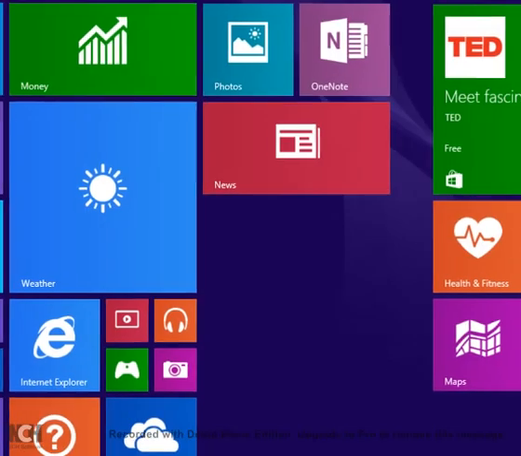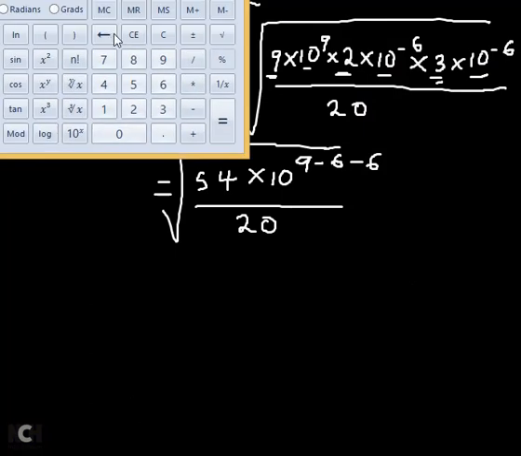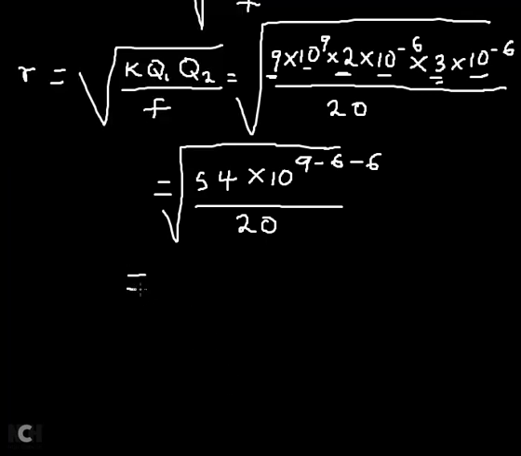So let the calculator help me now. 54 divided by 20 is 2.7. Let me confirm that, yes, 2.7.